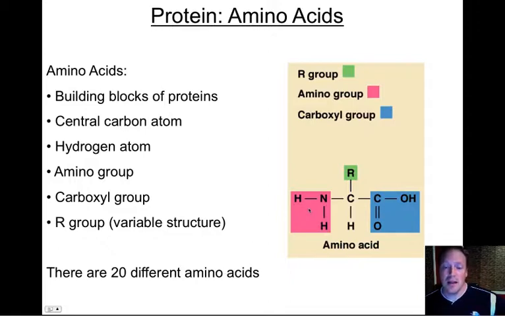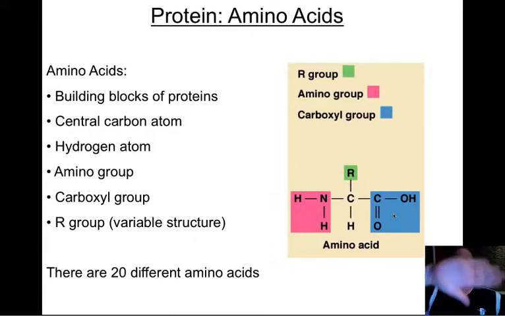Please realize that this is the amino, this is the carboxyl. Carboxyls can be acting as acids, so we call this an amino acid. This is showing the amino on the left and the carboxyl on the right. You can show it the other way around. For example, if you look at my hand, this is my left hand, but if I turn my hand around, it's still my left hand.